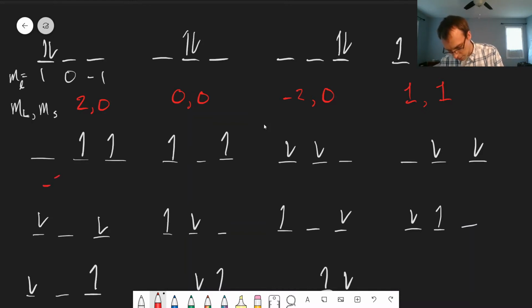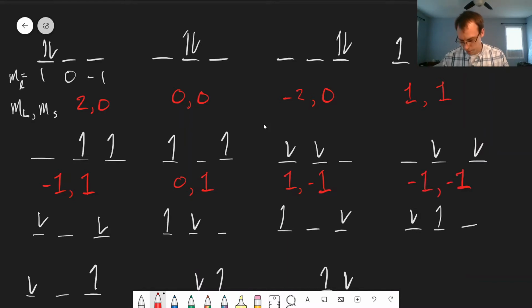We have here -1, +1, because again, spin up. And here we have 0, +1. Here we'll have +1, -1, because we have 2 spin downs, so it's 2 times -1/2 for M sub S. Here we have -1, -1, and here we have 0, -1.